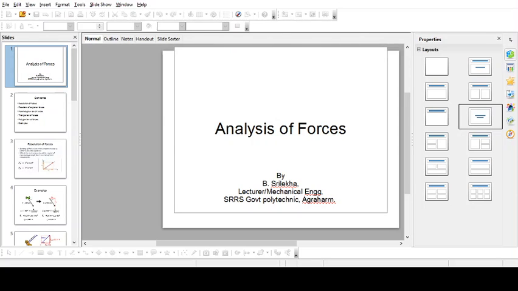So OD is nothing but OA plus AD. So OA plus AD whole square. This is of the form A plus B whole square, so A square plus B square plus 2AB. So OA square plus AD square plus 2 OA into AD plus CD square.